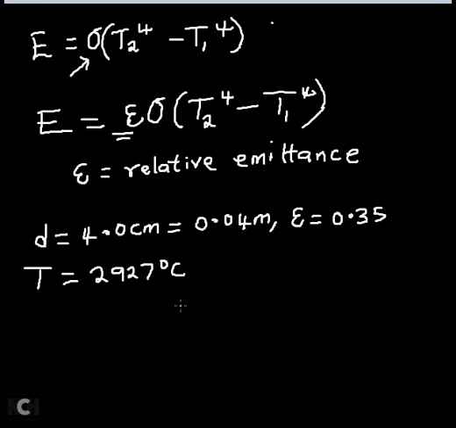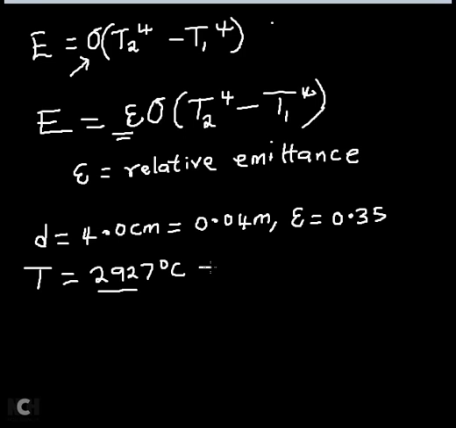Now, don't forget that this temperature is given in degrees Celsius, and the temperature I use here is the absolute temperature, capital T. So I have to convert it to an absolute temperature by adding 273.